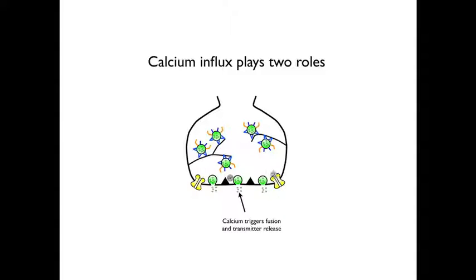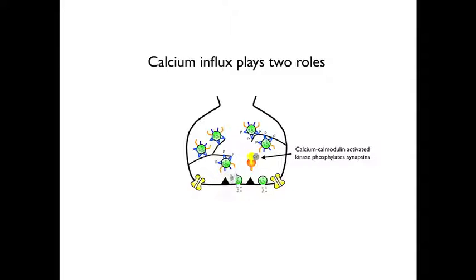Second, it activates calmodulin and then protein kinase, which phosphorylates the synapsins on the vesicles in the reserve pool, thereby allowing those vesicles to migrate to the active zone, dock, and release their transmitter. Together with vesicle recycling, these features maintain the synapse and keep it functional even when the axon is generating a high rate of action potentials and a high rate of synaptic activity.